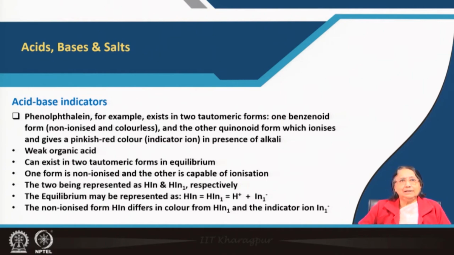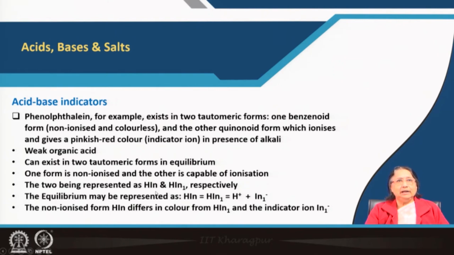Tautomers can exist in equilibrium. They are different forms of the same molecule, and one form is non-ionized, showing one color, and the other form is capable of ionization, giving another color.